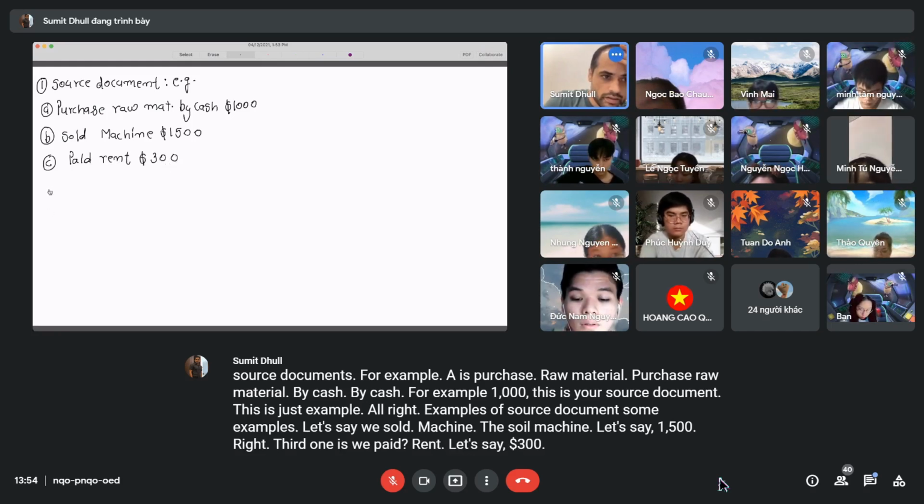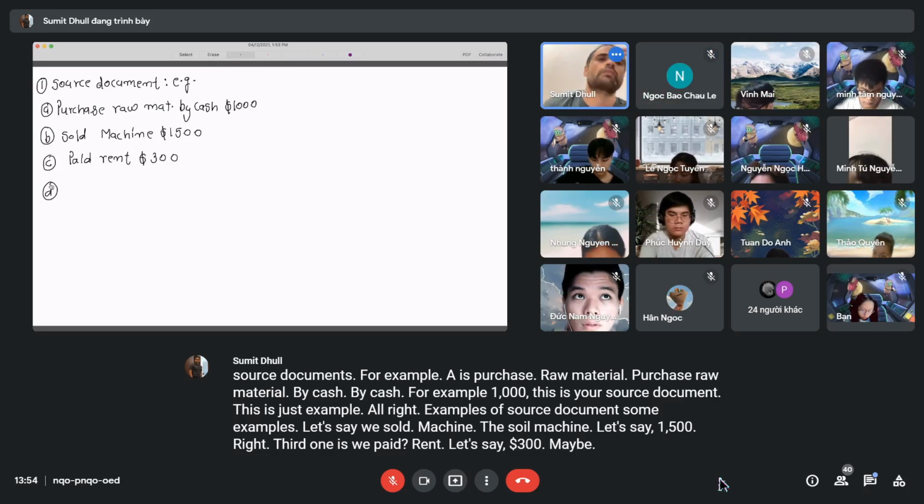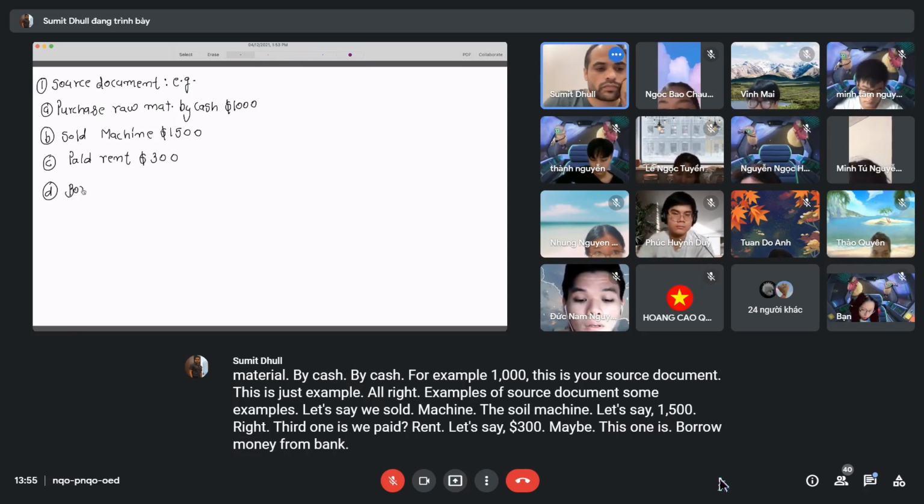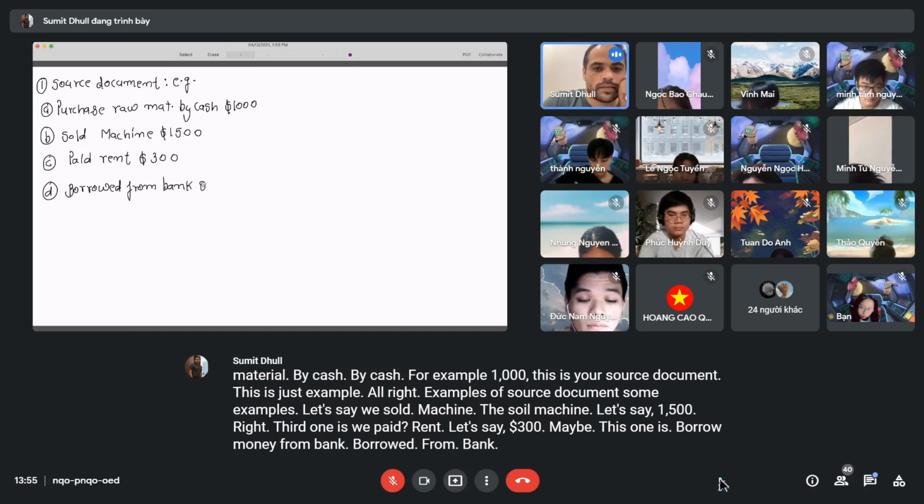And maybe this one is borrowed money from the bank, let's say $3,000.